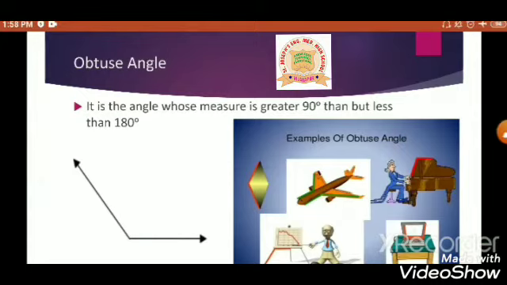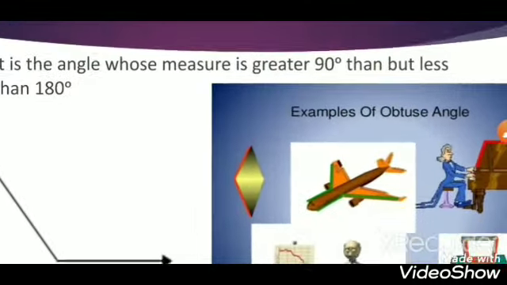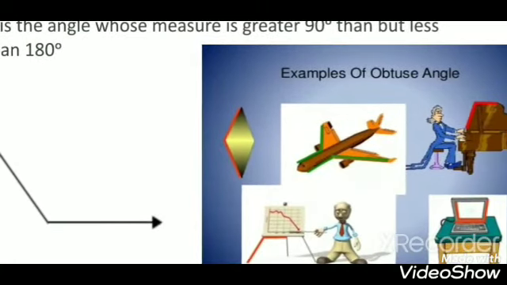So what are the examples? If you see a rhombus, the angle between the two sides of a rhombus is greater than 90 degrees, therefore it is an obtuse angle. The angle between the head and wings of the plane is also greater than 90 degrees, so there also it is an obtuse angle.